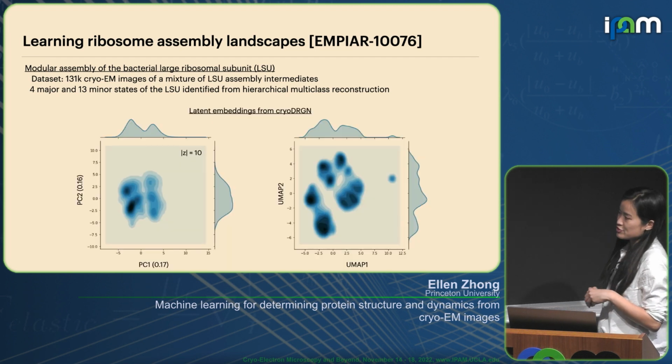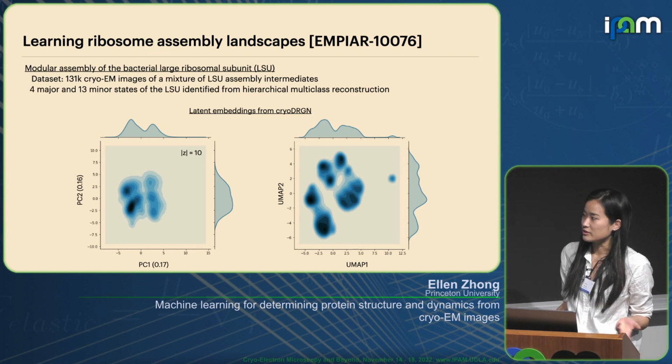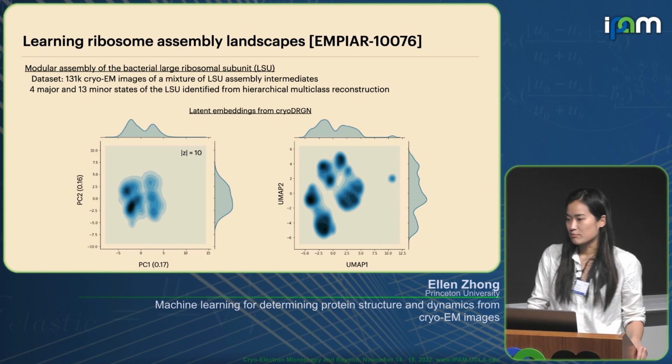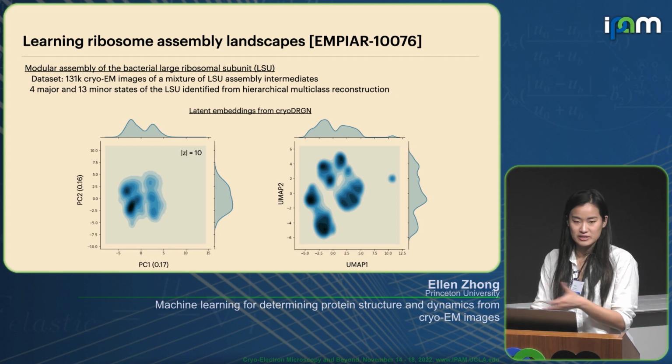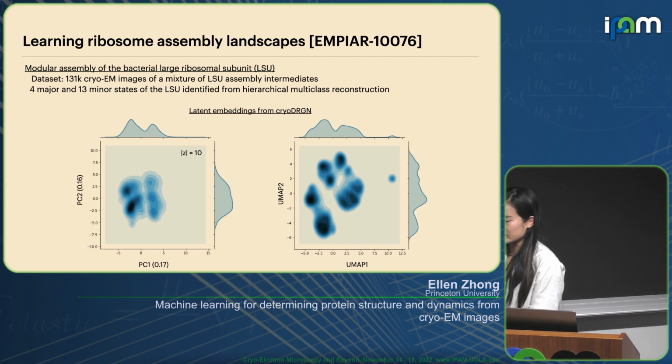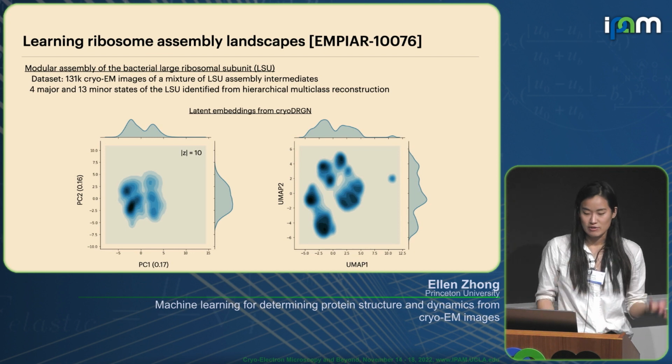This is what we get when we train CryoDragon on this particular data set. So we trained a 10-dimensional latent variable model, and I'm plotting the embeddings of the images with PCA on the left, and then with UMAP, which is this nonlinear dimension reduction technique, on the right. We can already see that there are clusters in the latent representation.